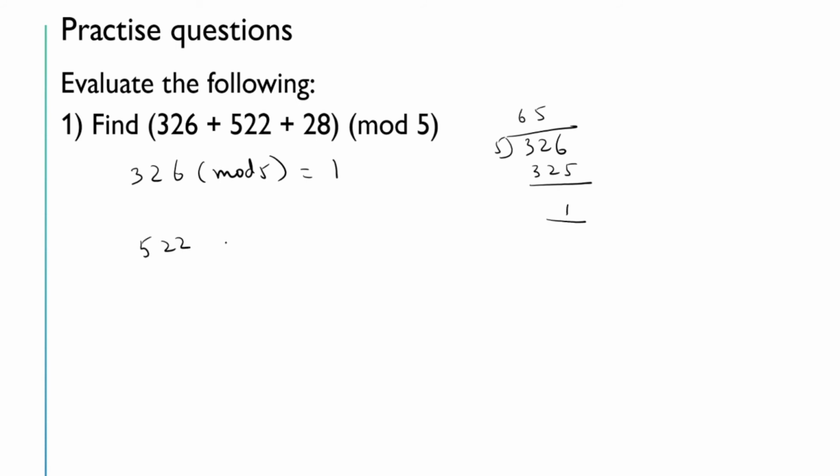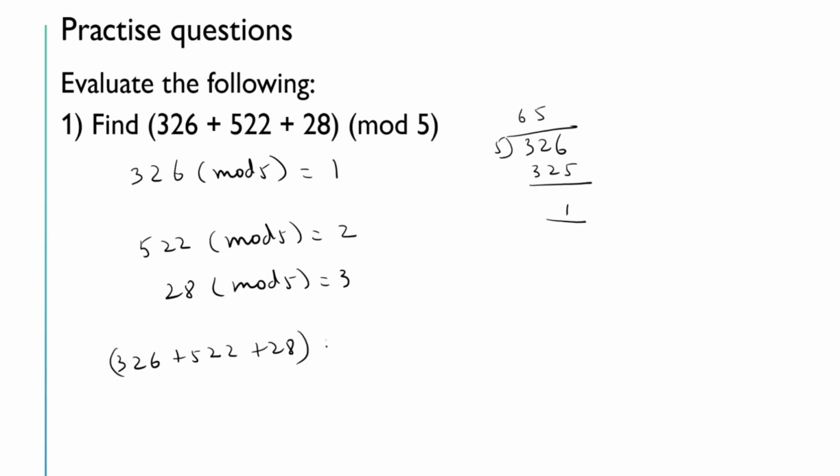Similarly, 522 mod 5 is nothing but 2. And 28 mod 5 is nothing but 3. So 326 plus 522 plus 28 mod 5 is equal to 3 plus 2 plus 1 mod 5.